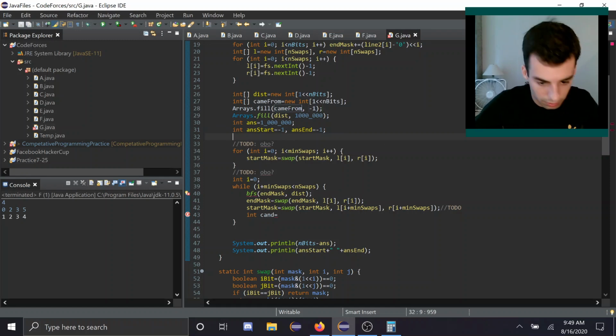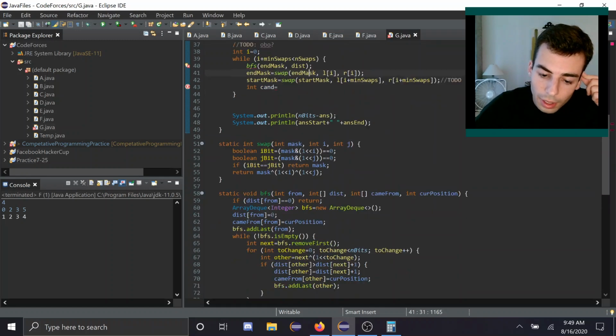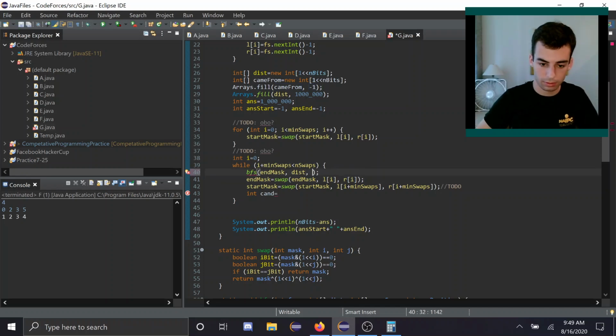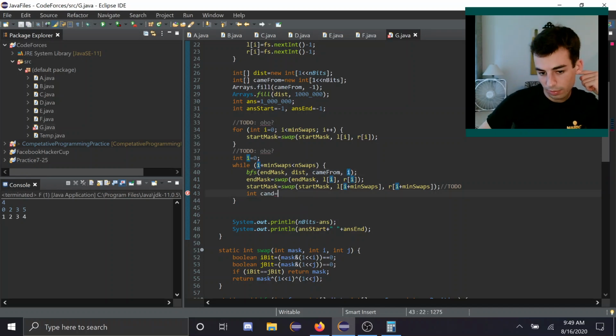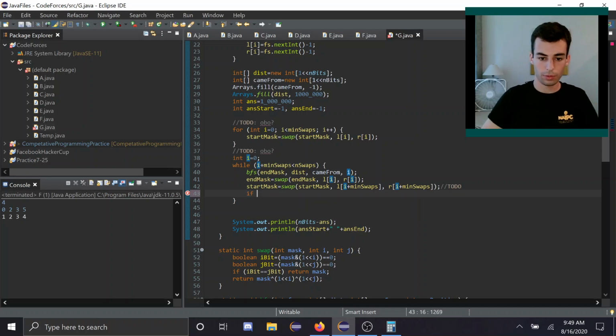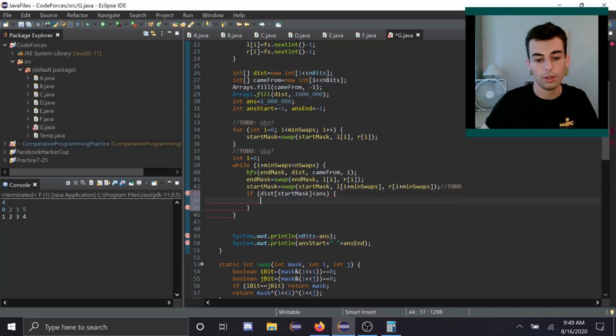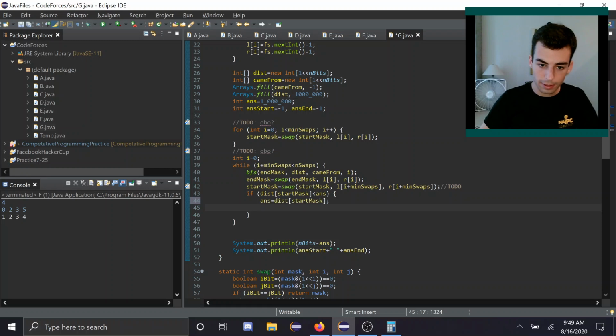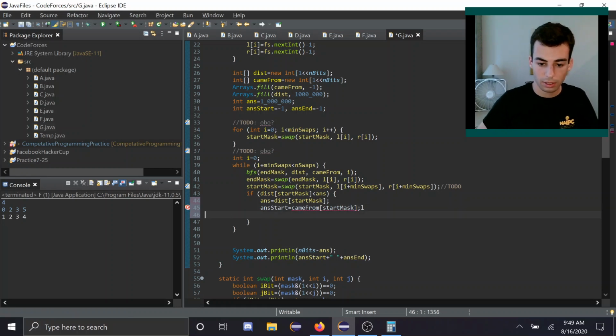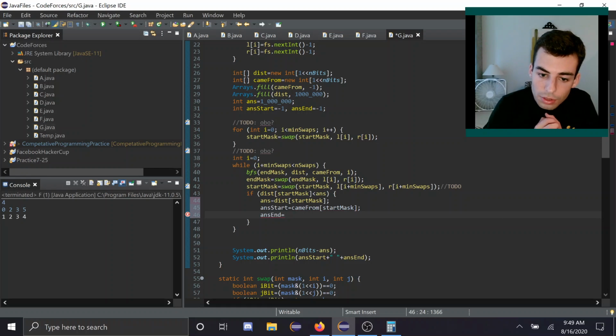So that was negative ones. All right. Come from I. So if the distance to the start mask is less than the answer, then ans equals dist start mask, and start equals came from start mask, and ans end equals I plus min swaps.